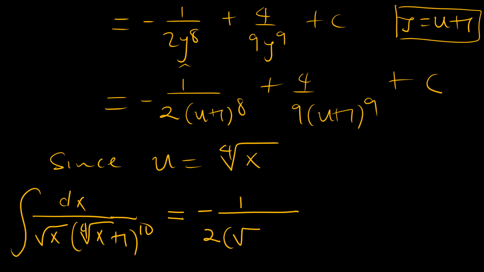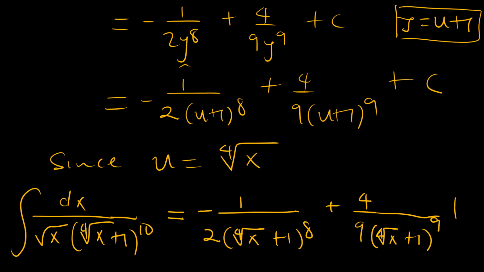So we have negative 1 over 2 (fourth root of x plus 1) to the 8 plus 4 over 9 (fourth root of x plus 1) to the 9 plus the integration constant. And that, ladies and gentlemen, is our answer.